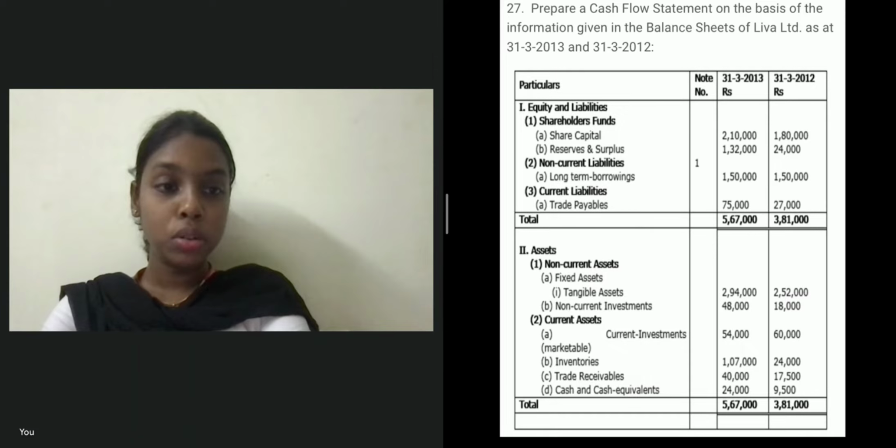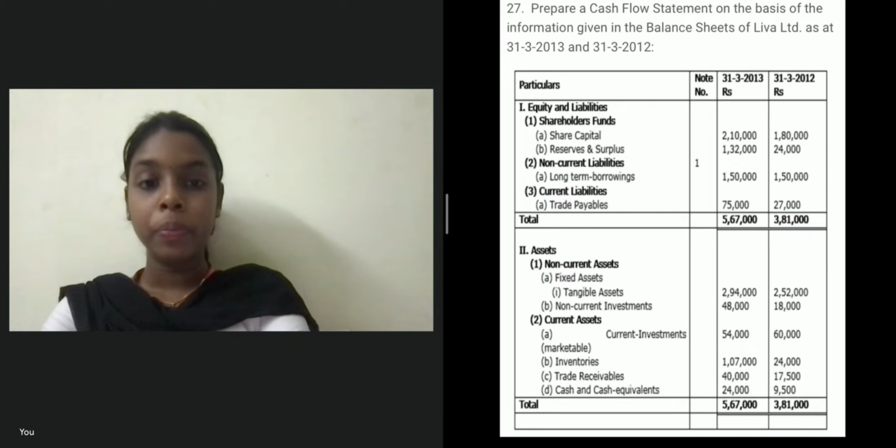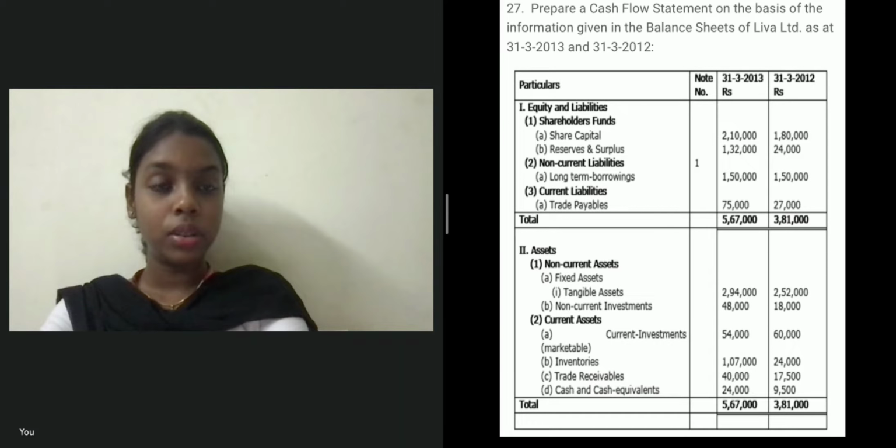The share capital is 2,10,000 as on 31/3/2013 and 1,80,000 as on 31/3/2012, and the reserves and surplus are 1,32,000 and 24,000 respectively. Second comes the non-current liabilities. The long-term borrowings amount is 1,50,000 as on 31/3/2013 and 1,50,000 on 31/3/2012.